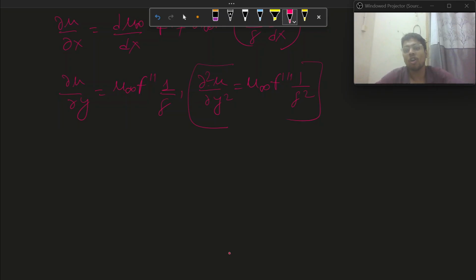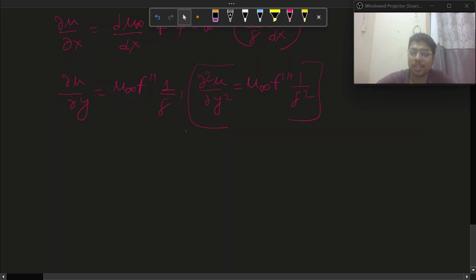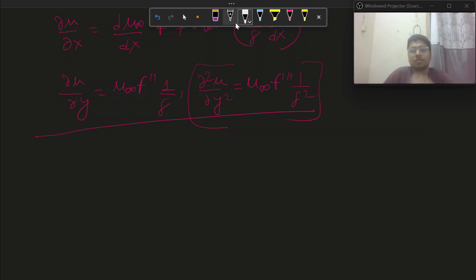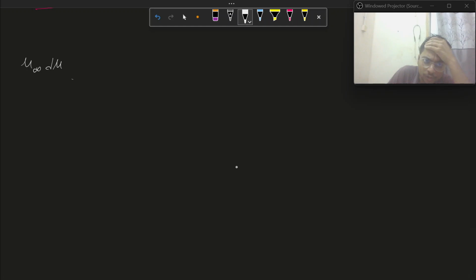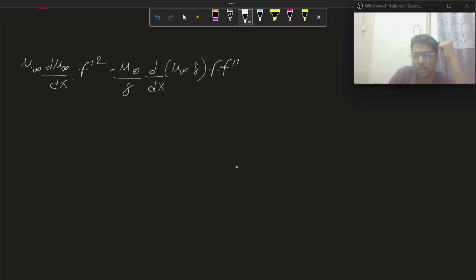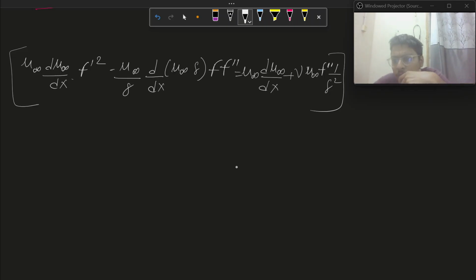When we put all of this in the equation, we get u_infinity du_infinity/dx f dash square minus u_infinity by ξ d/dx of u_infinity ξ f f double dash equal to u_infinity du_infinity/dx plus ν u_infinity f triple dash 1 by ξ square.